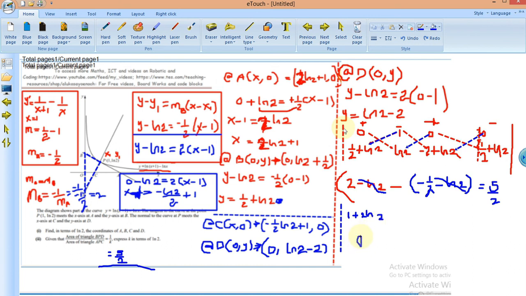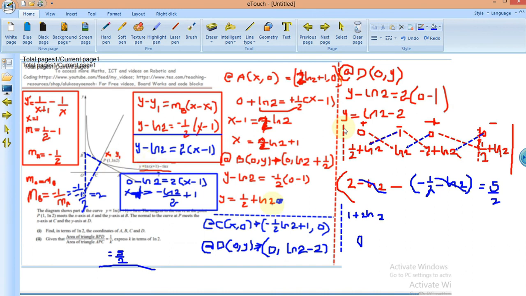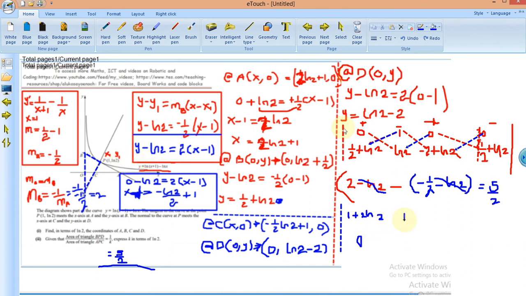Then P, this is P here, 1, ln 2. Then finally C, and our C is 1 minus half ln 2, okay, 1 minus half ln 2, that's the x coordinate, then comma 0, so you put 0 here.